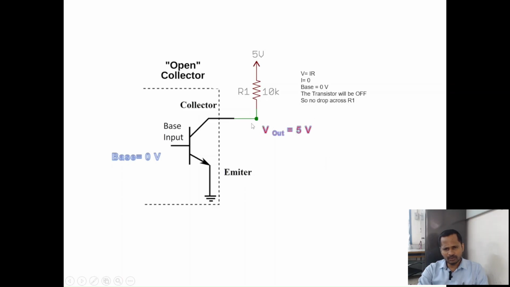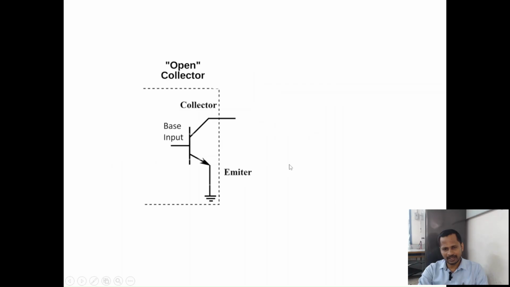If there is no drop across this resistance R1, then the entire applied voltage comes to this point because of the open circuit configuration, and the current value is 0.